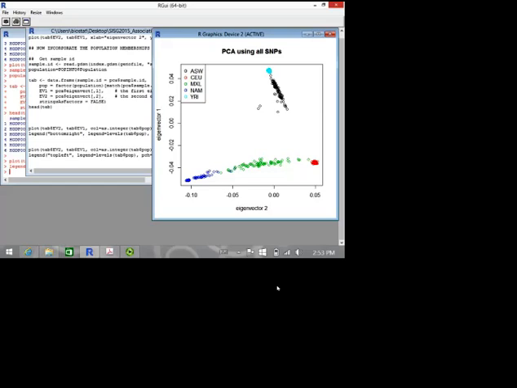The top principal component is separating individuals based upon what? Genotypes. What ancestry? African, non-African. Right? So for the first PC, these here all have a lot of African ancestry. These down here do not. What is the second PC separating, based on what?